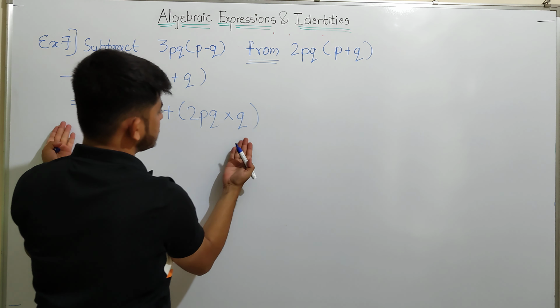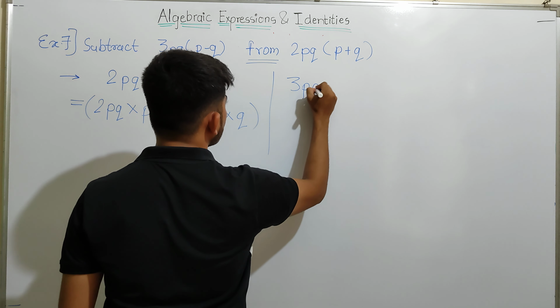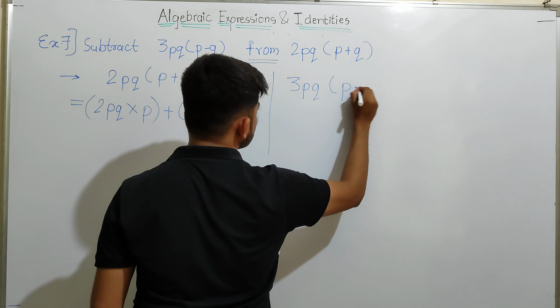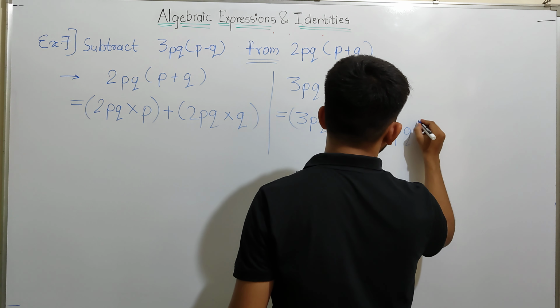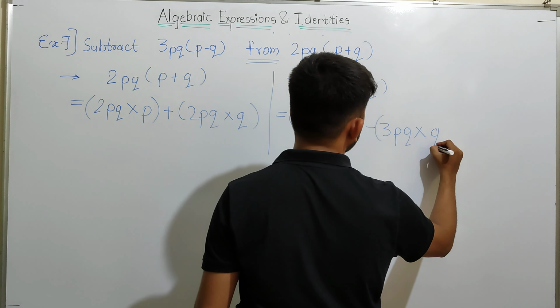So this is the first term, and this is the second term. What is the second term? 3pq into bracket (p − q). So 3pq into p, then minus 3pq into q. So we are writing with the help of the distributive law.